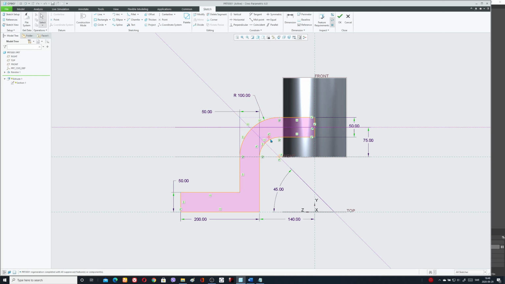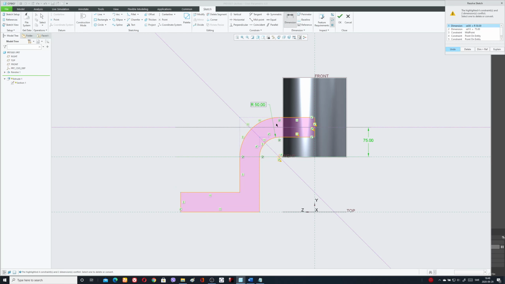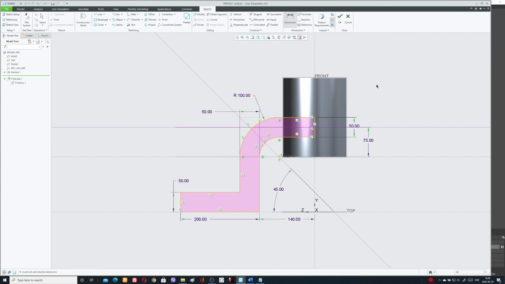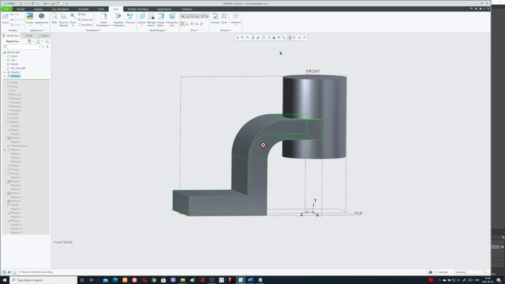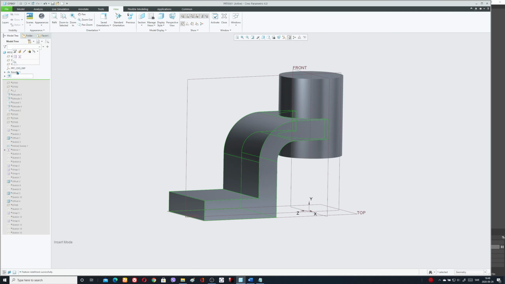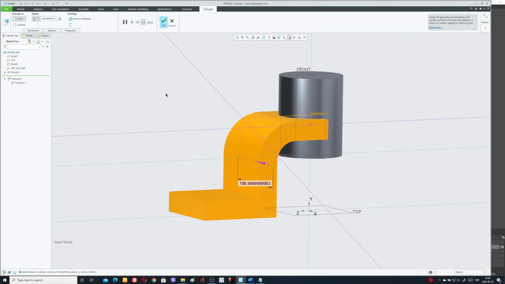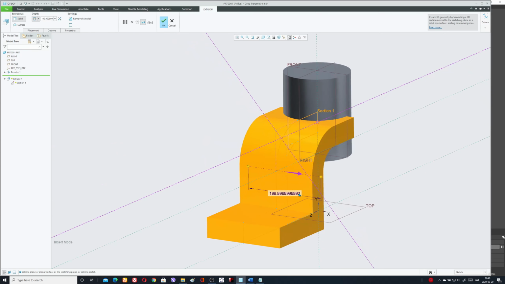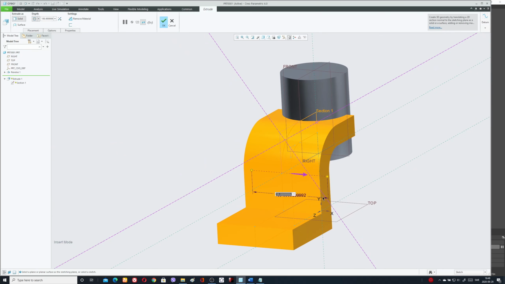This is 100, and this radius here is 50. You see that this is 50, and don't care about it. Okay, so now you have this figure, and I'm extruding this one, and the dimension of this extrude is, let me put 200.